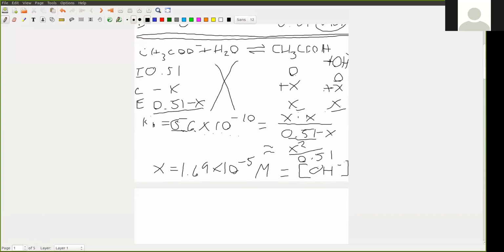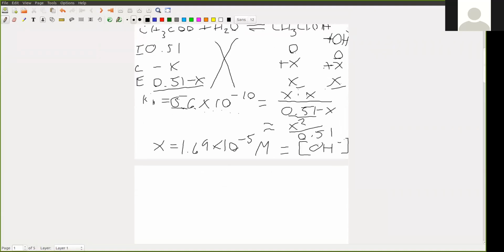So from there, we can use that to find out what our pH is. And to do that, we first find our pOH by taking the negative log of the concentration of hydroxide, which will be 1.69 times 10 to the minus 5. And that'll give us a pOH of 4.77.